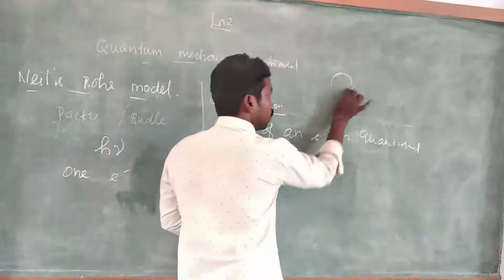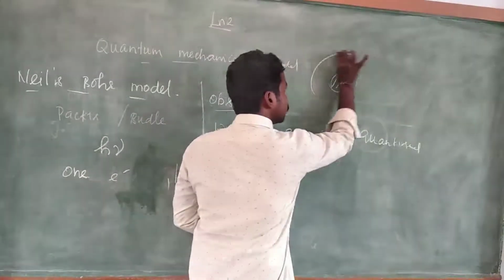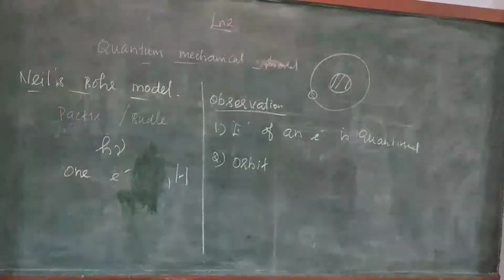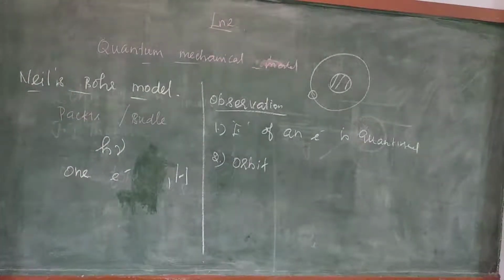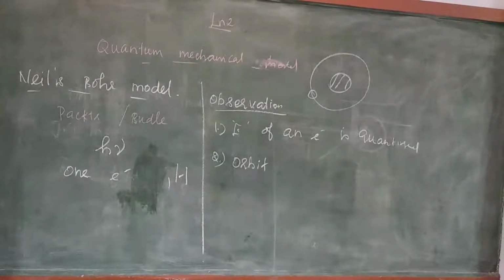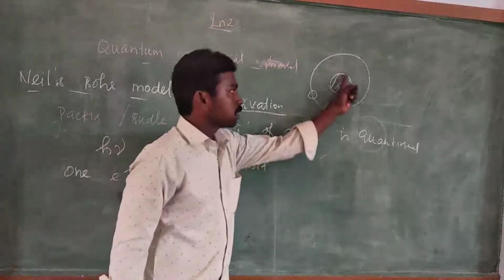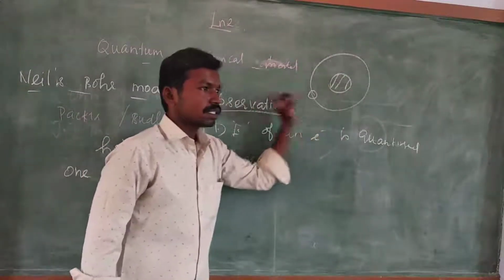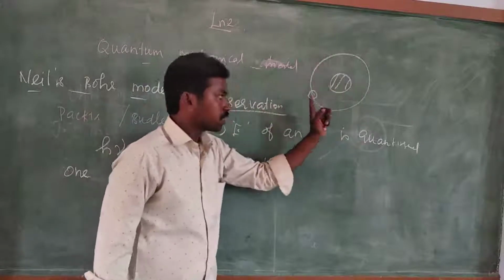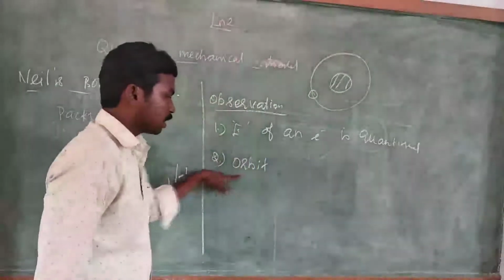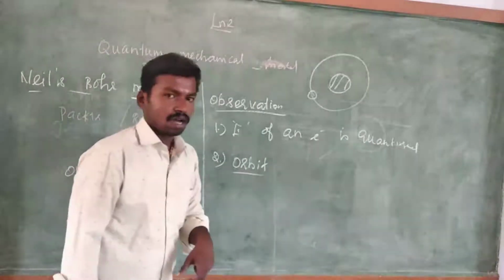For example, if this is the nucleus, this is the orbit in which the electrons will move. Dear students, this is the nucleus. Here it is the circular path, and it is stationary, in which the electron will be moving. So that circular path is called an orbit.